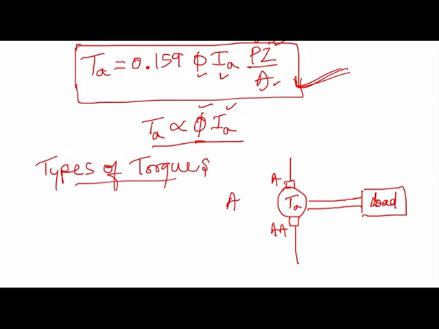So here we have the armature torque, and the generated torque will transfer to the load through the shaft. While transferring, due to friction and windage loss, that is friction and wind resistance, there will be losses in this shaft.